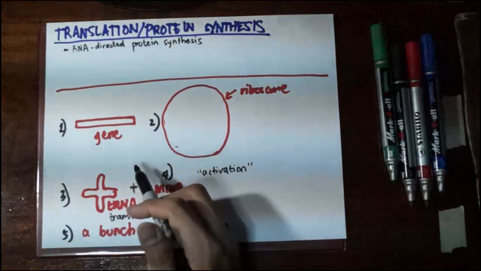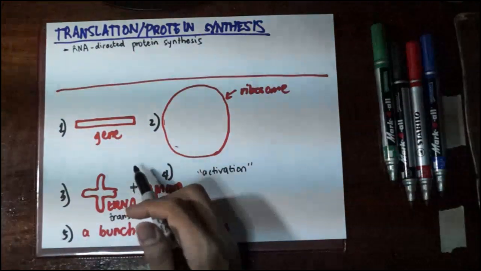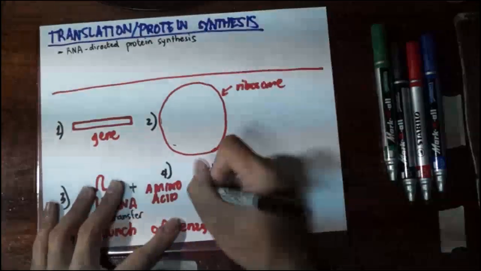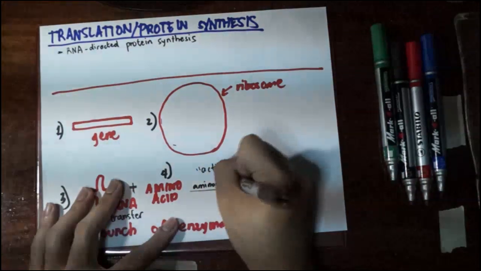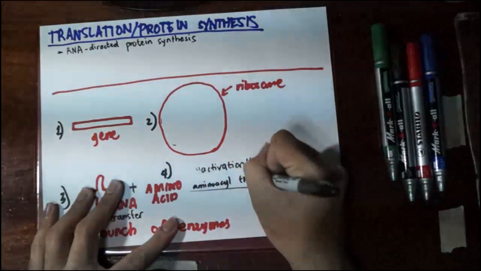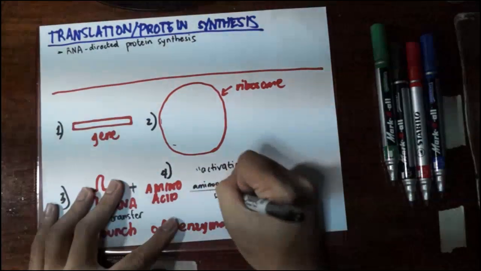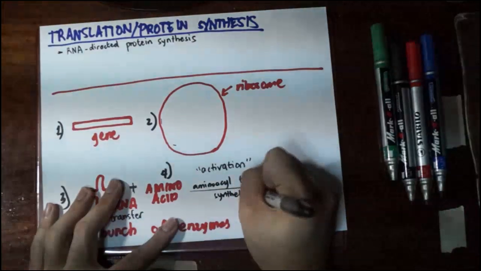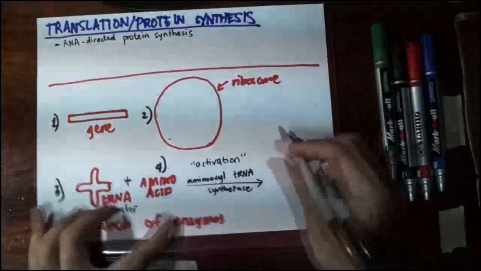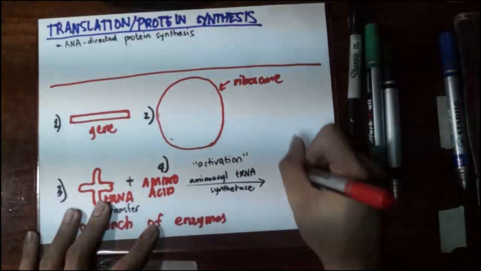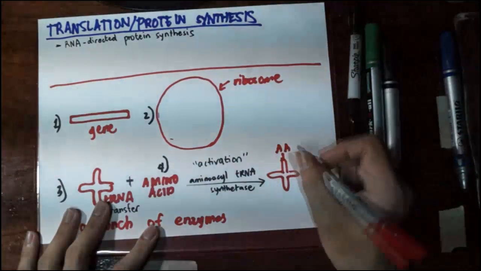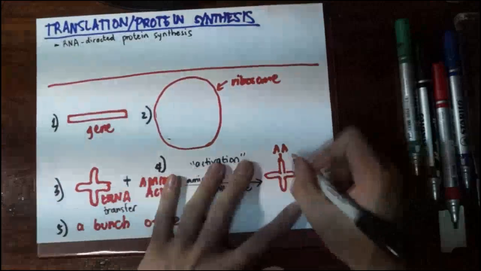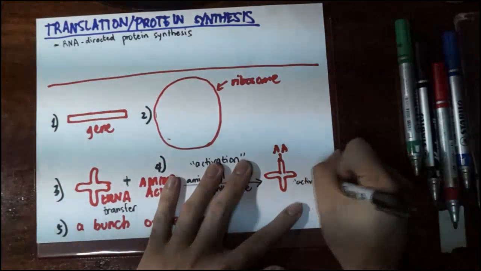There's a participation of a particular enzyme, and the name of the enzyme here is aminoacyl tRNA synthetase. What it's going to do is combine the tRNA and the amino acid. Now this one is called an activated tRNA.